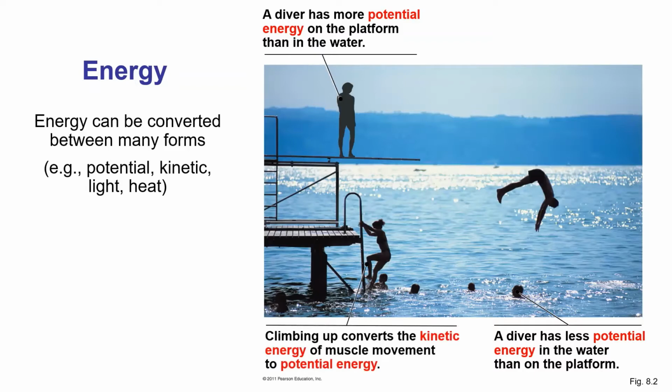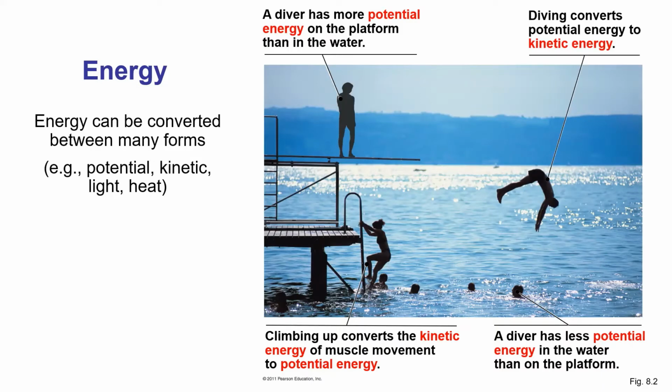And so climbing the ladders, that's kinetic energy because it's movement. And eventually the energy gets stored as potential energy due to gravity. That potential energy can be converted back to kinetic energy once he or she jumps off.